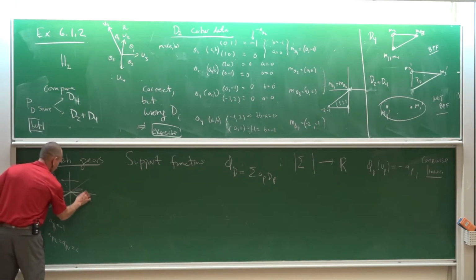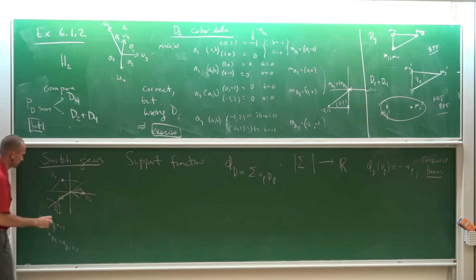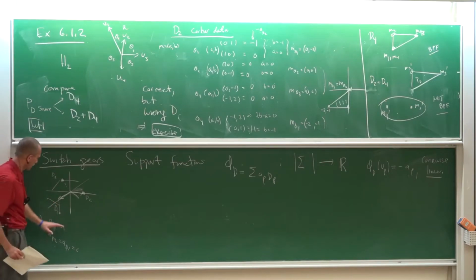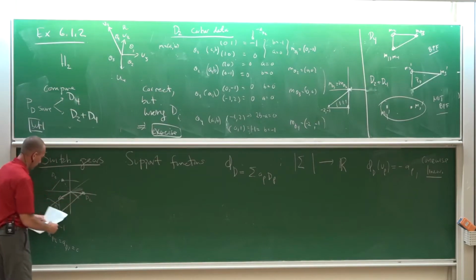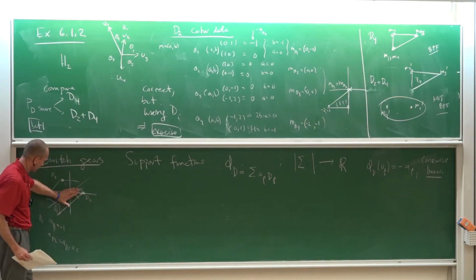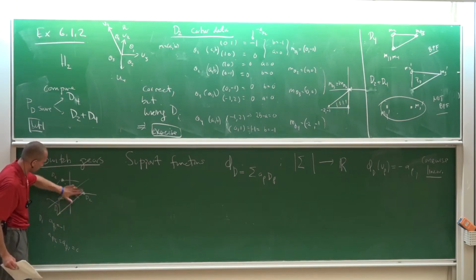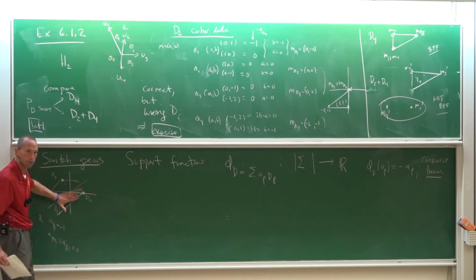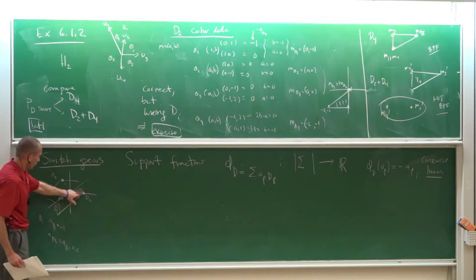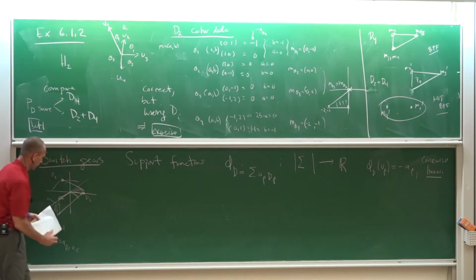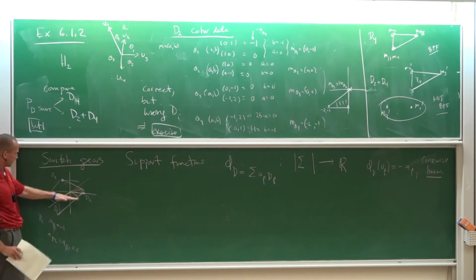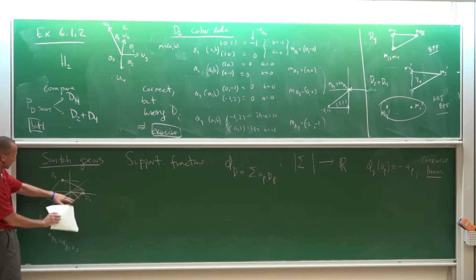So I'd assign a 0 here and a 0 here, and you can see this gives me, having pinned these vertices, since the support function is linear, a linear function. So on the one hand, I'm going to have a plane here that picks up these guys, the plane that goes through these 2 points and the origin. Over here I have an easy plane, because these both lie at height 0, so I have a nice little flat roof here. Then I have this side of my tent going down here.